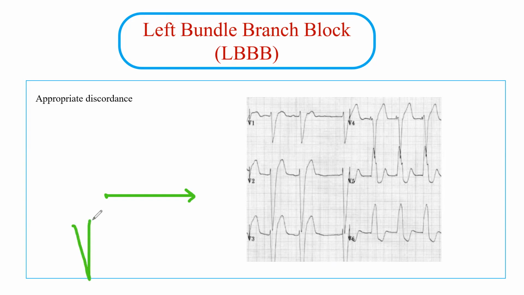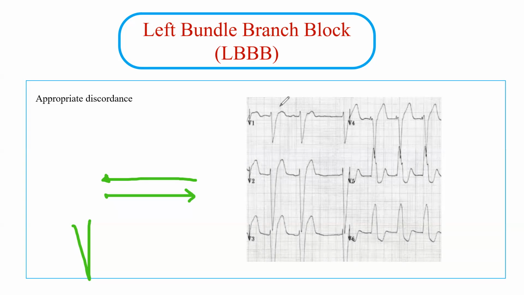Now the repolarization will be in the opposite direction, because if the depolarization is going in this direction, the repolarization is going in the opposite direction by definition. So because the depolarization was negative, the repolarization will be positive and will, by definition, give some ST segment elevation.